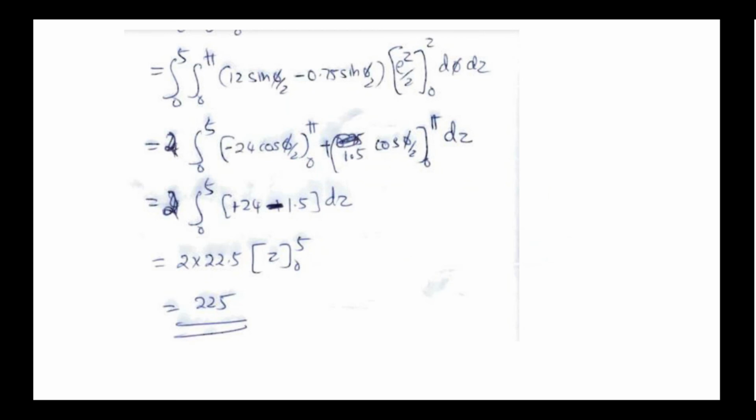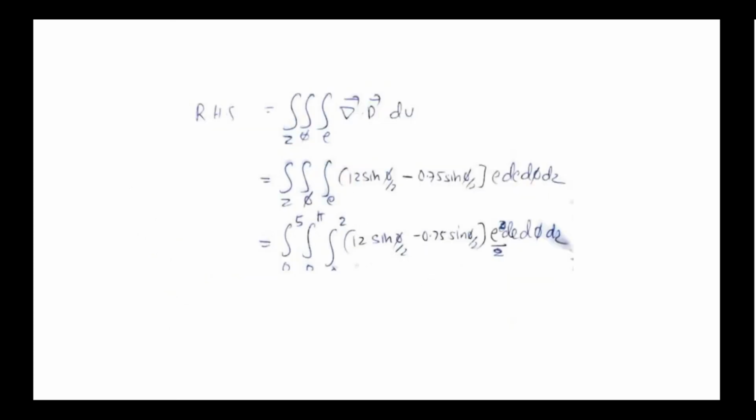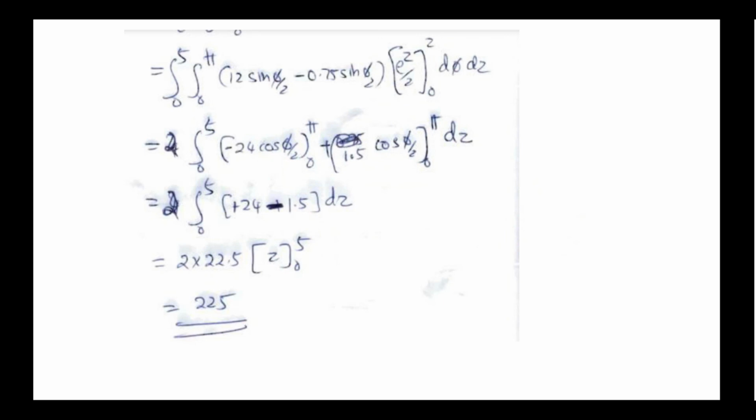Now we'll integrate. First, integrate with respect to rho, so that will be rho square by 2 with the limits 0 to 2, which is 4 by 2, that will be 2, so you can take 2 outside. What is left is the integral of 12 sin(phi/2) minus 0.75 sin(phi/2) d phi.